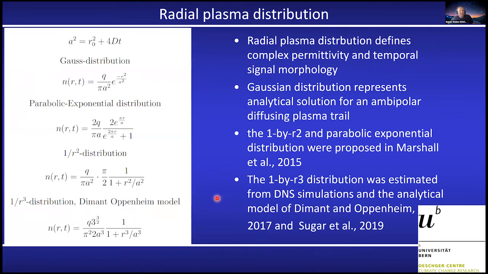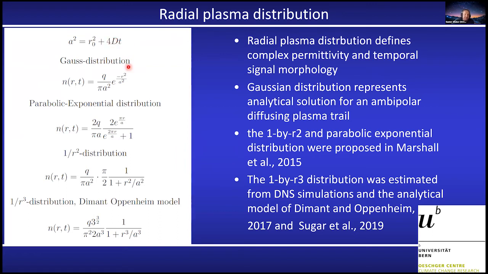When you look to the literature, you find some relations that express the radial spread by the cylindrical diffusion equation, which you find here, where you have an initial trail radius R0 and a diffusion coefficient D, and the time dependence of how fast this diffusion leads to the spread of the meteor trail.